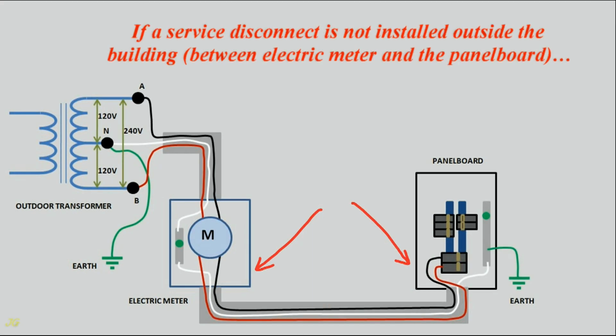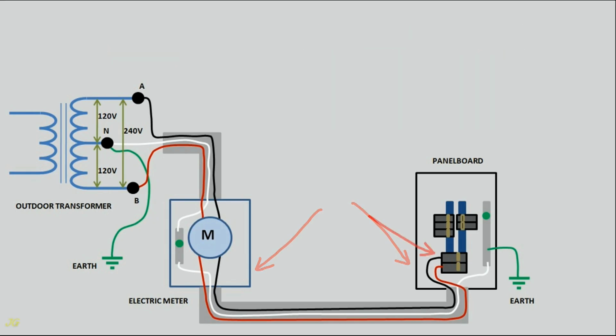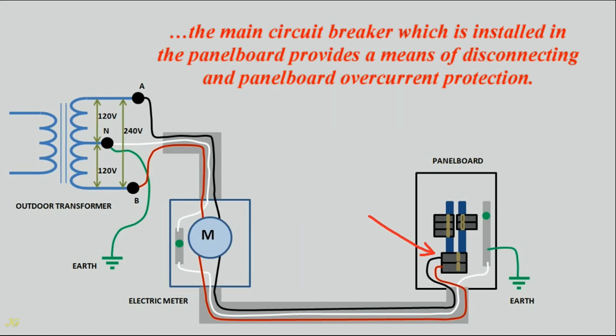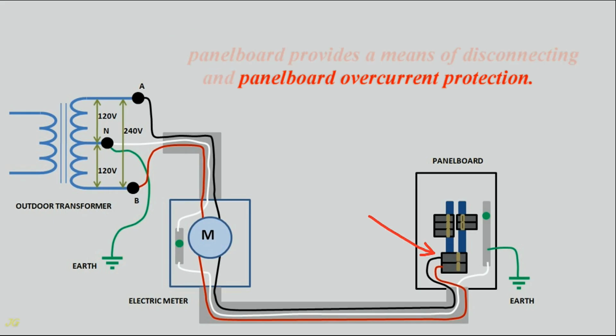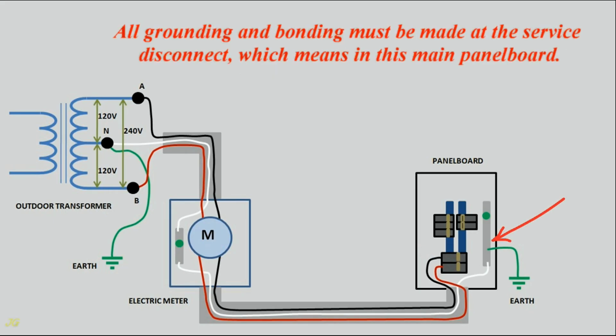If a service disconnect is not installed outside the building, between electric meter and the panel board, the main circuit breaker which is installed in the panel board provides a means of disconnecting and panel board overcurrent protection. All grounding and bonding must be made at the service disconnect, which means in this main panel board.